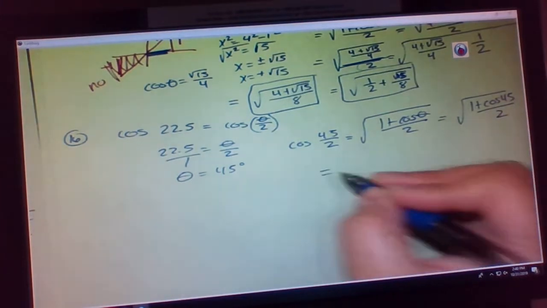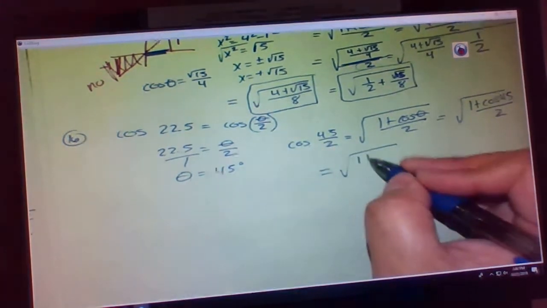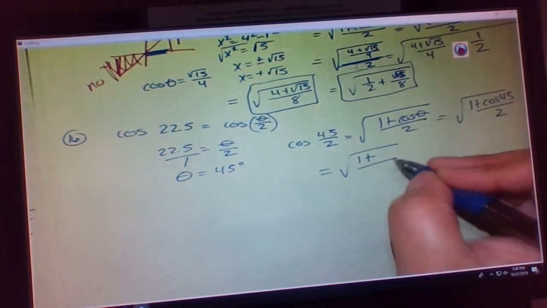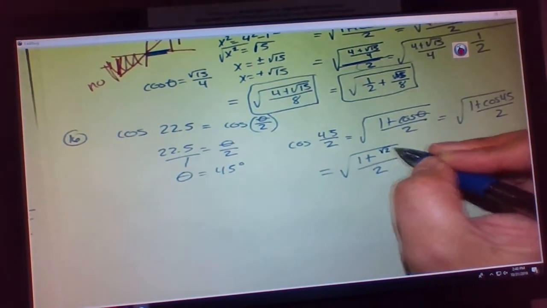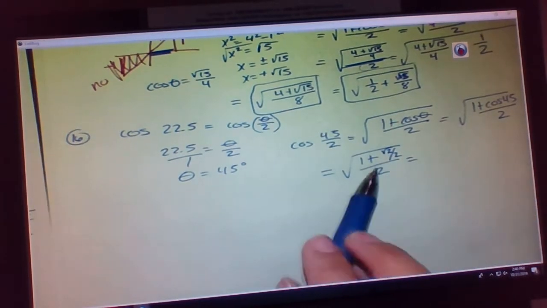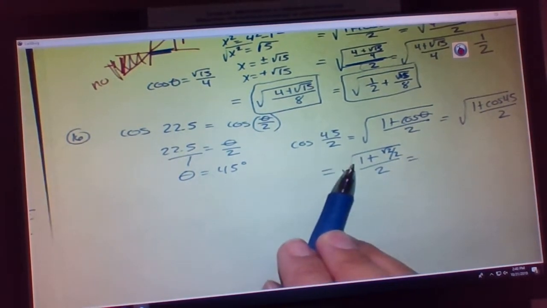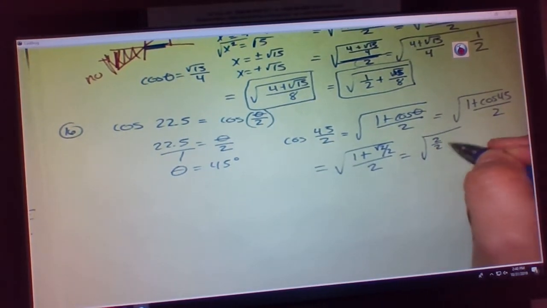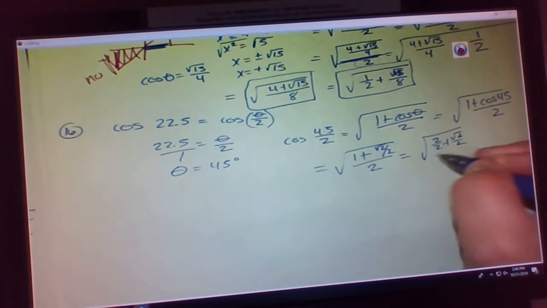And what is your cosine of 45? I don't know why I'm saying 42, so sorry. Square root of 2 over 2. So that means this one has to become what? 2 over 2. So 2 over 2 plus the square root of 2 over 2, over 2.